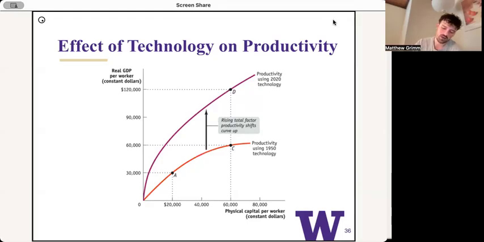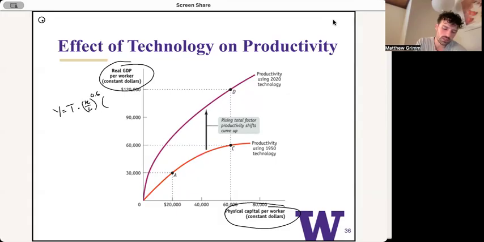Again, we have physical capital per worker and real GDP on the Y. If we go back to our formula, it looks something like this, where I think we decided on 0.6 and 0.4. We're graphing this while holding H over L constant, so we don't even need to think about what's going on with that.